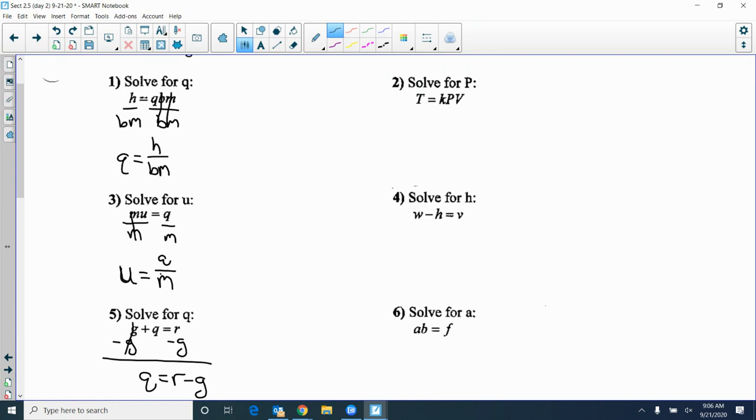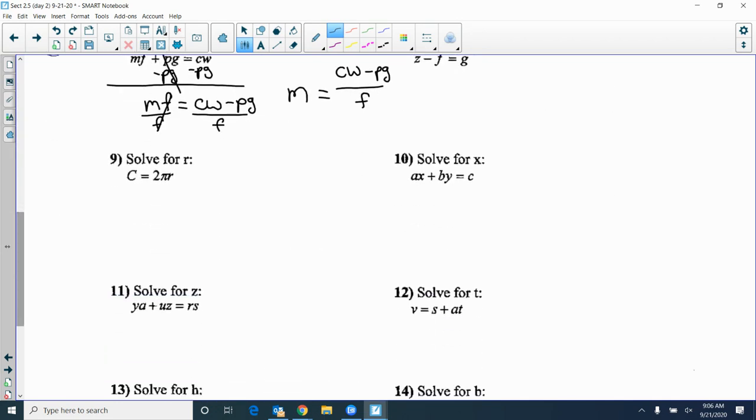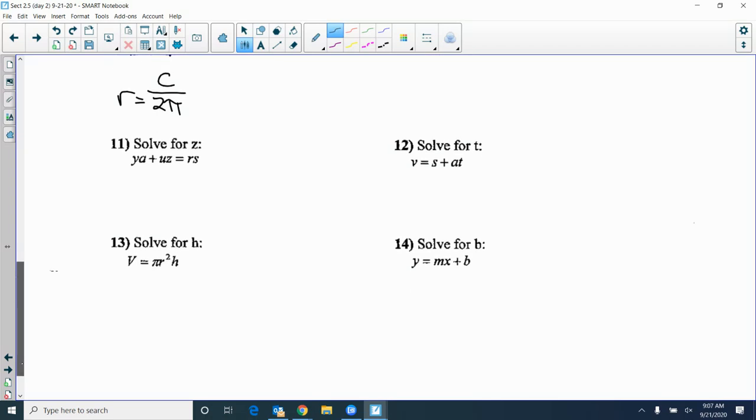So I can divide by both of them at once. It's the same thing here, even though I have a constant, the 2 there. I'm going to leave the R alone. I can divide by 2 pi, and those will cancel out. Grant, what's my answer going to be? R equals C divided by 2 pi. All right, that is perfect. Nice job. We got 2 more here to do.